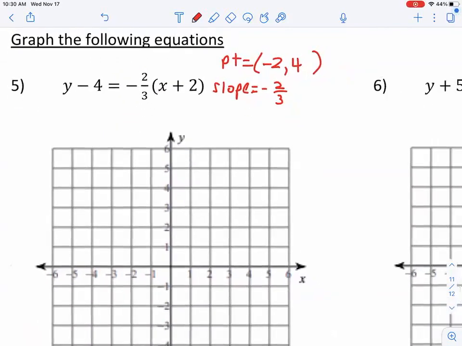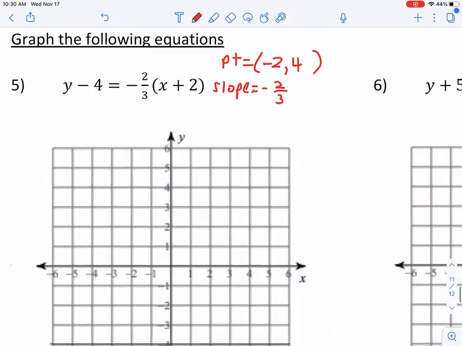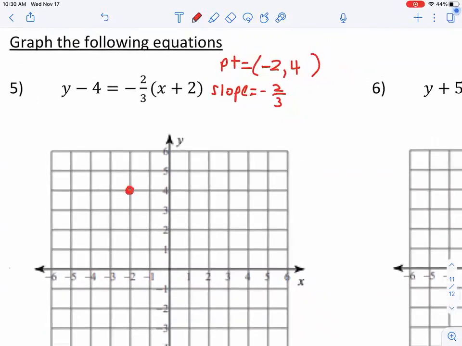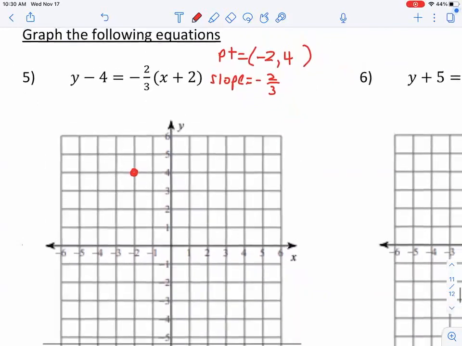So if I want to graph it, I just put a starting point at -2,4. So starting from the center, I'll go to the left 2 and up 4. Here is -2,4. So I put my first point down, and then from there I do my slope, which is -2/3.